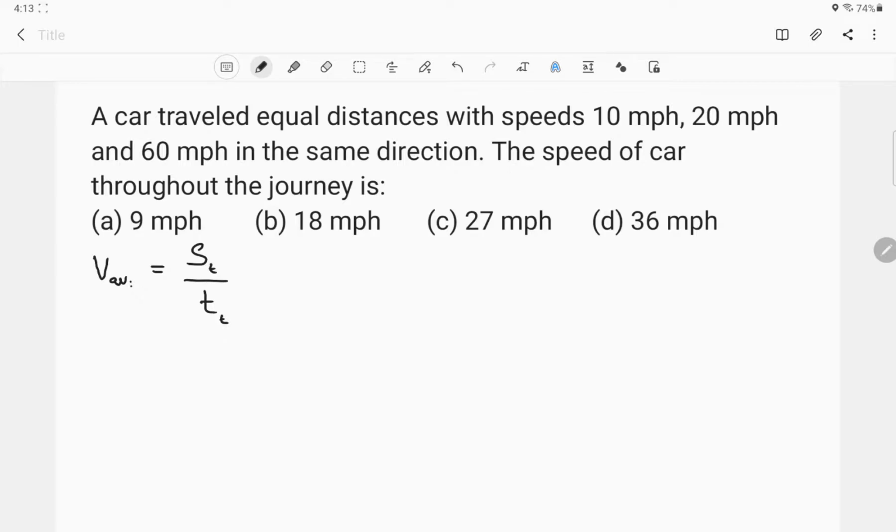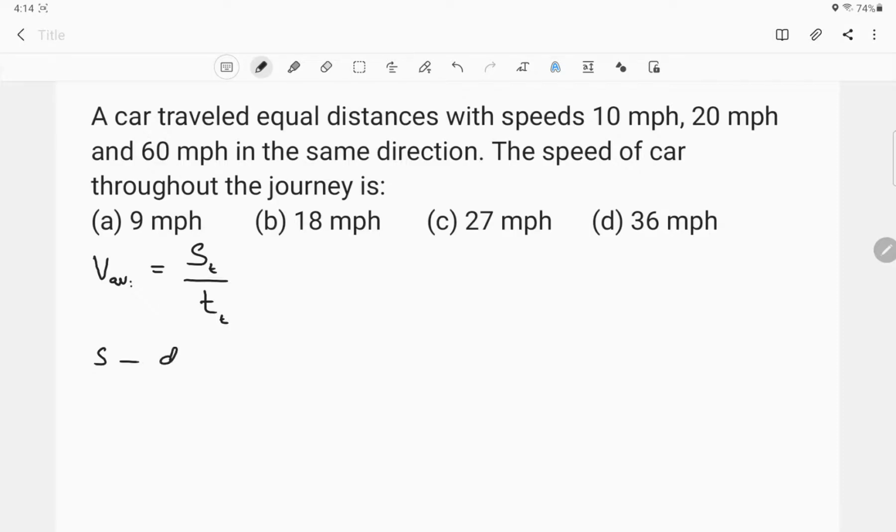Now we have to assume the distance because distance is not mentioned, but we are told that the parts of distance traveled with the first, second and third speeds are equal. So I am assuming that in each part the distance traveled is s.